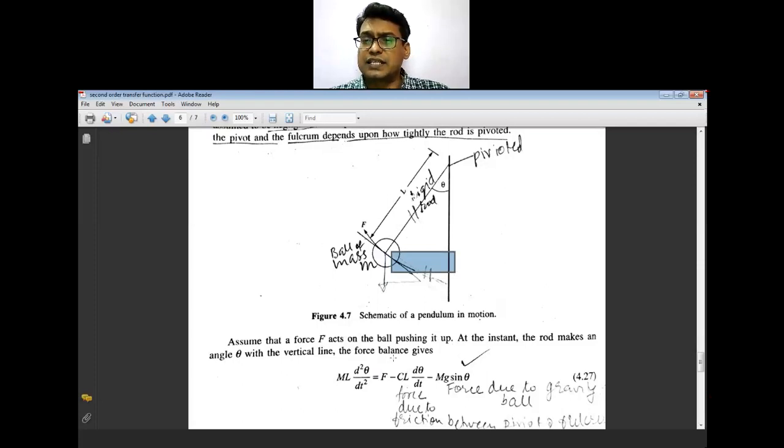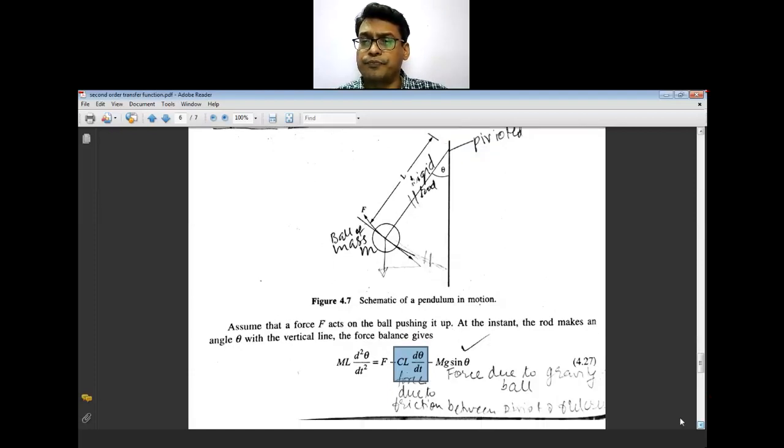So that is the resistance due to the pivot. This pivot, the connected joint, is going to offer the resistance. That is C_L into d theta/dt. This is the force due to the friction between the pivot and the fulcrum.